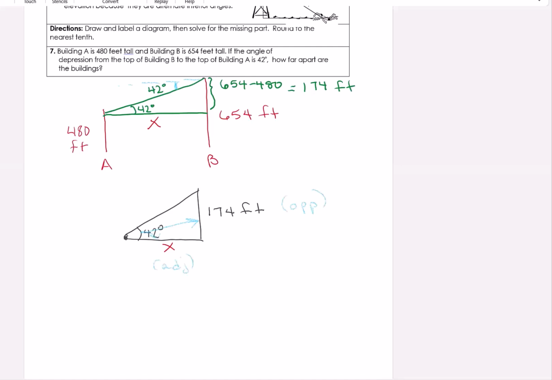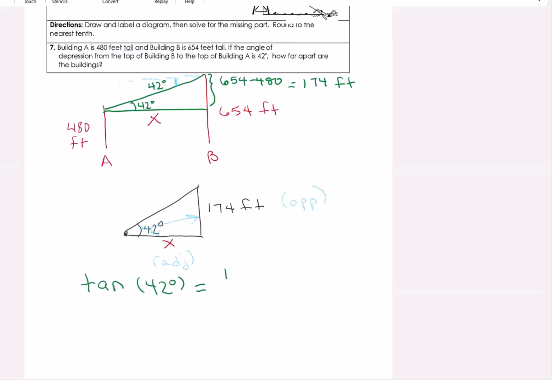Since I have opposite and adjacent, I have to use tangent. The tangent of 42 degrees is equal to the opposite, 174, over adjacent. Now I solve. Multiply both sides by x.